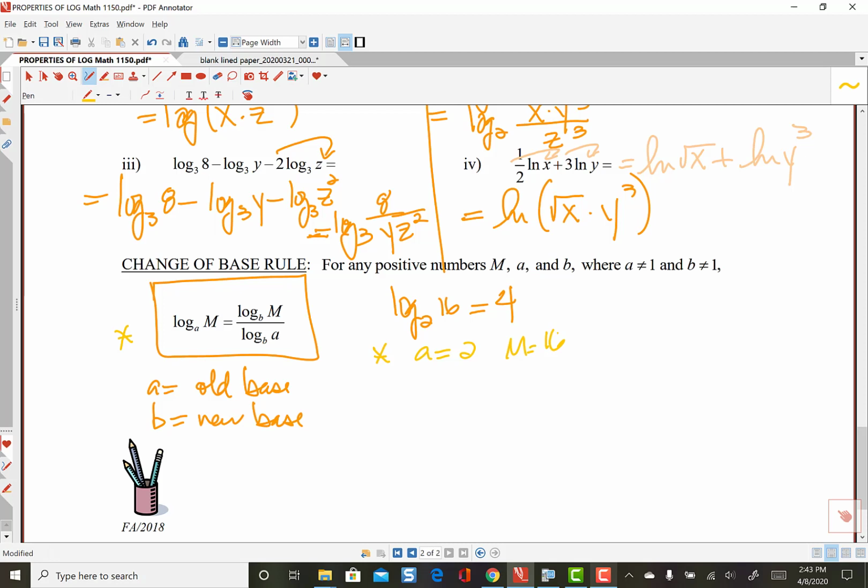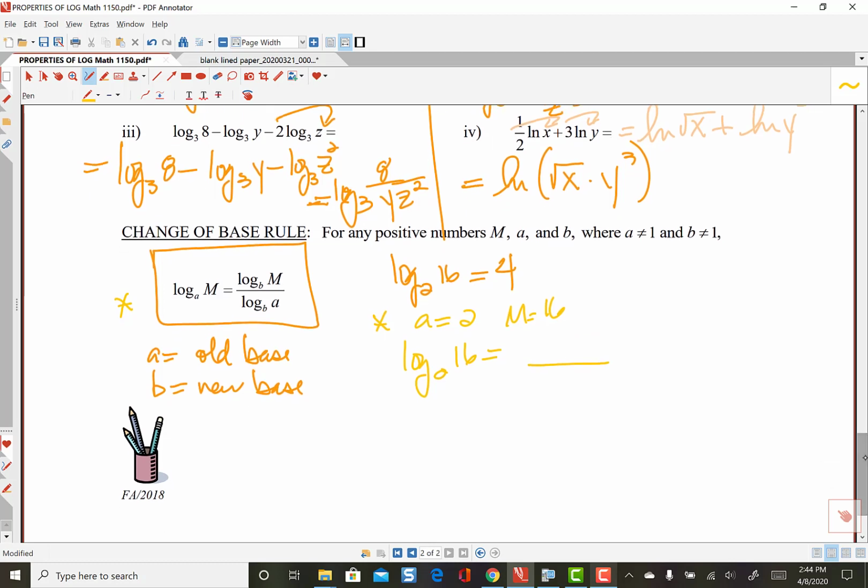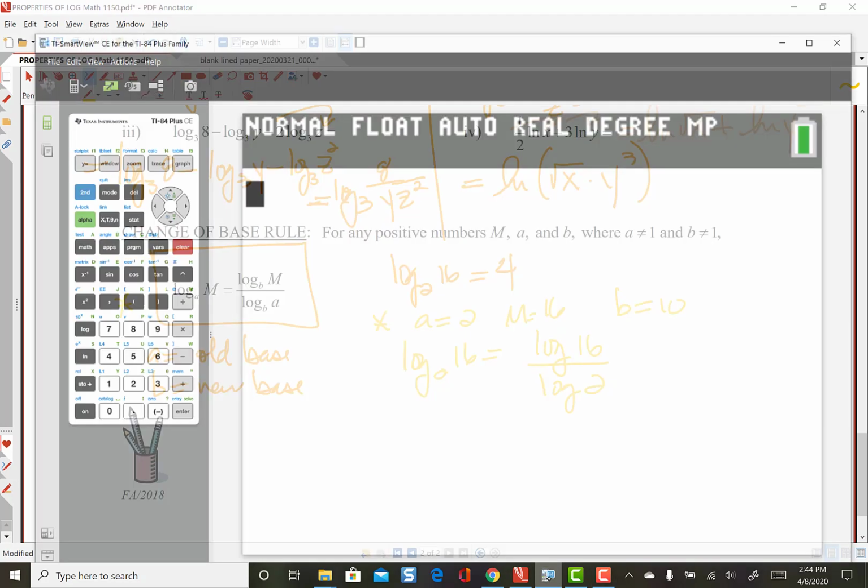According to this rule, the log base 2 of 16, and we know the answer is 4 but let's say we didn't, is the base 10 log of 16 over the base 10 log of 2. B is the new base, so in this case I let B equal 10. If we put this into our calculator just the way it's written, we should get 4. Let's see.